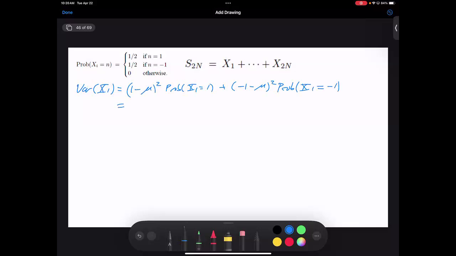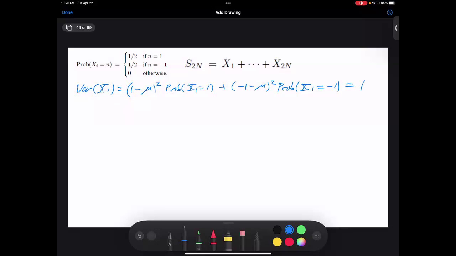What are those 2 probabilities? 1/2. And because the mean is 0, they're both 1. So it's 1 squared times the half plus 1 squared times the half. So it's just equal to 1. So actually, we do have variance 1.